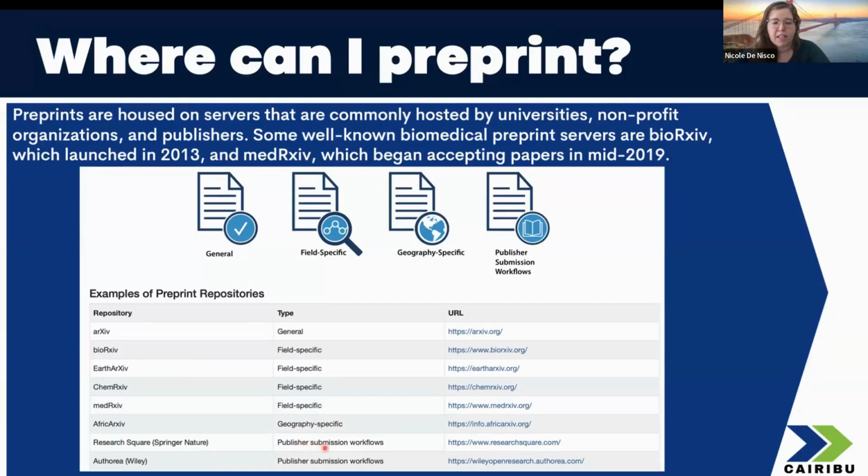I think this has pros and cons, which we can discuss. There are also many other society journals that have some of these preprinting capabilities too, so that's something to watch out for. So there are the general repositories like bioRxiv, ChemRxiv, and medRxiv, and then there are the ones tied to the publisher.